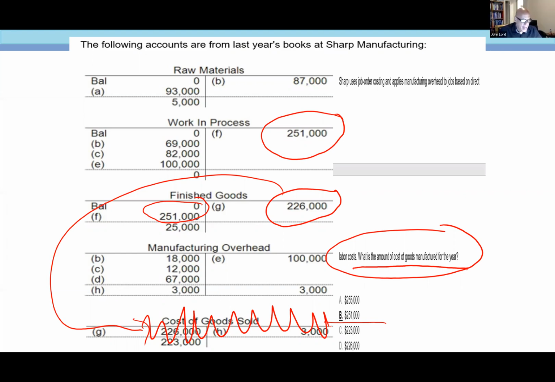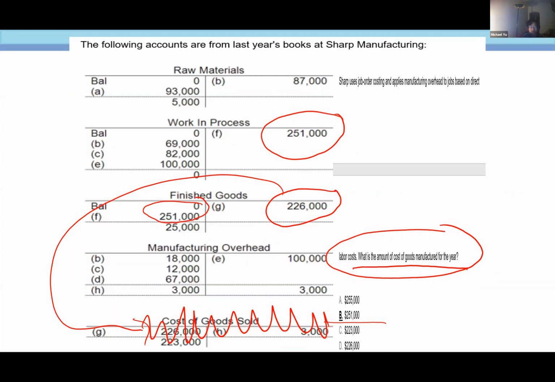Okay. What if I asked you, what are my manufacturing costs for the period? I love a question like this because it's the question that keeps on giving. What if I asked you, what are the manufacturing costs for the period? Wouldn't it just be everything besides finished goods?